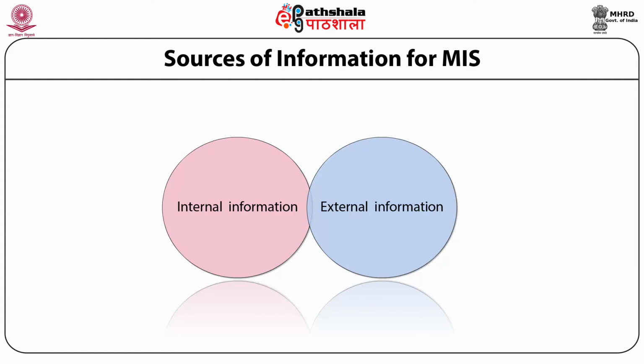This information is not stored permanently in an organization's MIS and is available from outside sources. So for this, proper linkages with other organizations or other sources is required. And this is considered to be quite expensive for any organization.